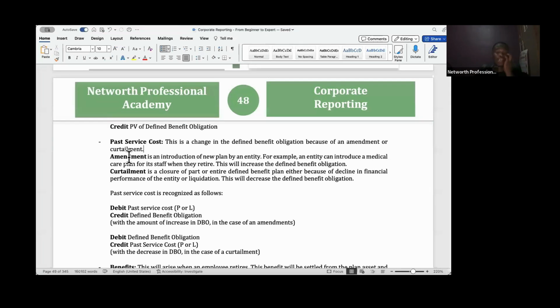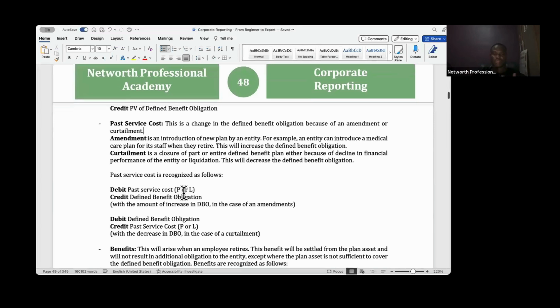That change in the plan as a result of a curtailment is also past service cost. The difference is that if it is an amendment, it's going to increase the obligation. If it is a curtailment, it's going to be reducing the obligation. And that would dictate how we account for it. For you, the accountant, when you see a past service cost, you recognize it to your P&L. It's an additional expense if it is an amendment for that particular year.